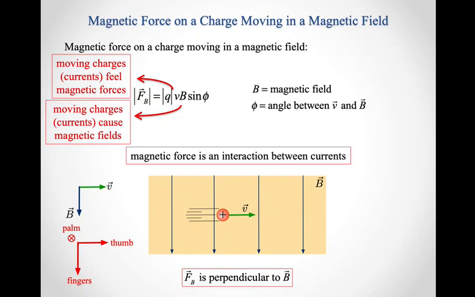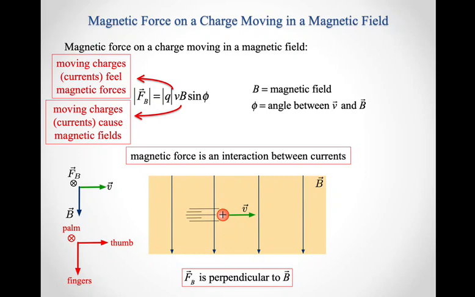Now, the one additional detail that I'm going to need to deal with in this case that I didn't have to deal with when I thought about the current carrying wire is I need to ask myself, what is this charge? Is it positive or negative? And if it's a positive charge, then the direction my palm is pushing and the direction of the magnetic force acting on the charge are the same.